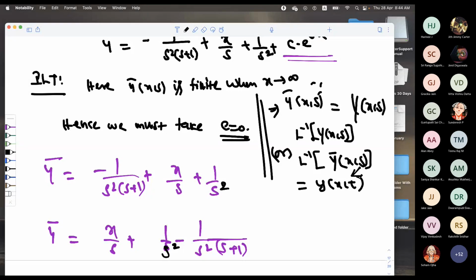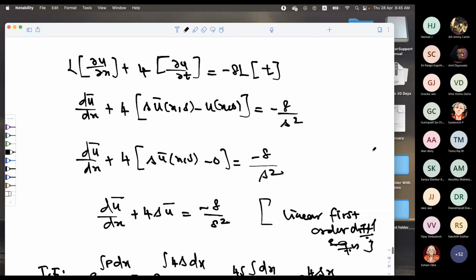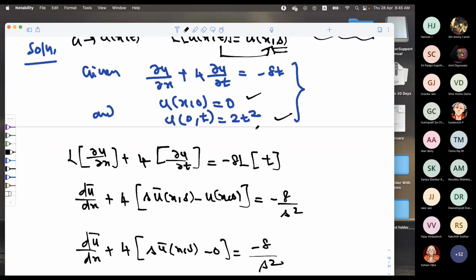Okay, and can you tell me what is the thing for your equation here? Laplace transform of u of 0 comma t. Nothing but Laplace of u of 0 comma t. The initial condition provided is 2t square.